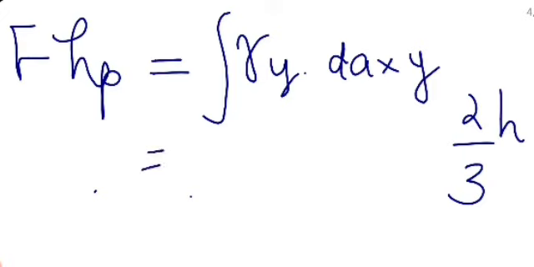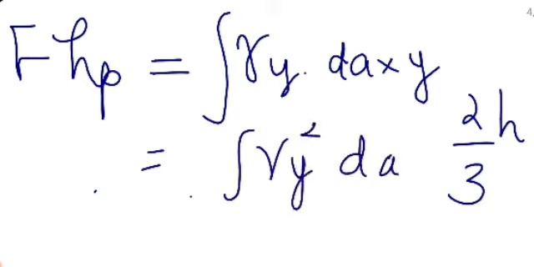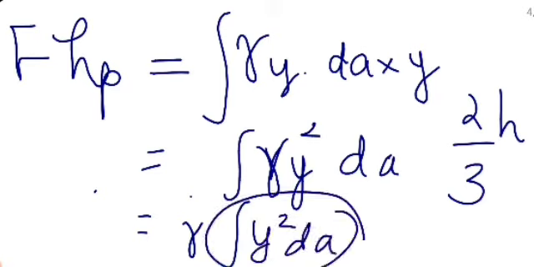So it is nothing but the integral of gamma y square dA. I think you have seen this formula somewhere in your earlier physics classes. That is nothing but the second moment of inertia. So gamma, taken outside, times the integral of y square dA, I can write as gamma I xx.